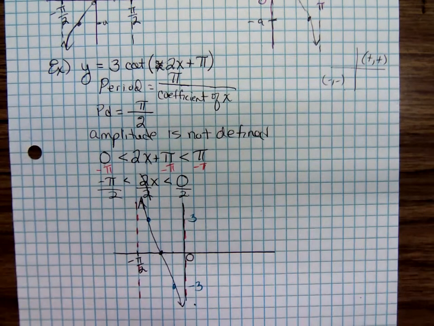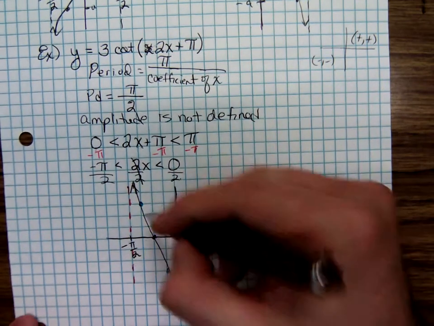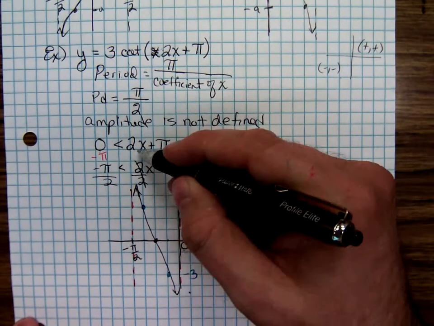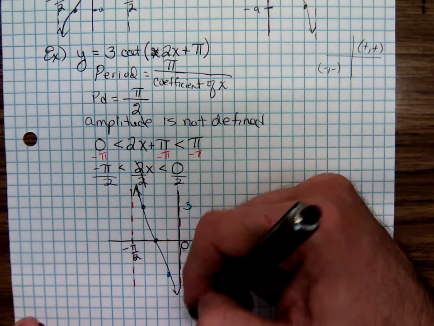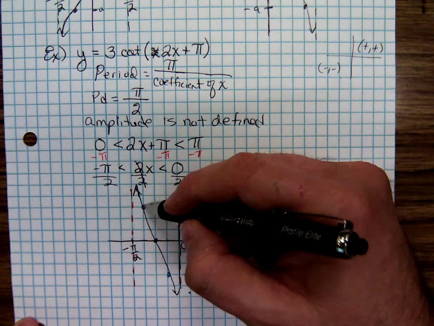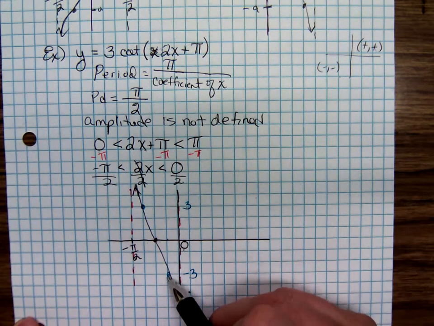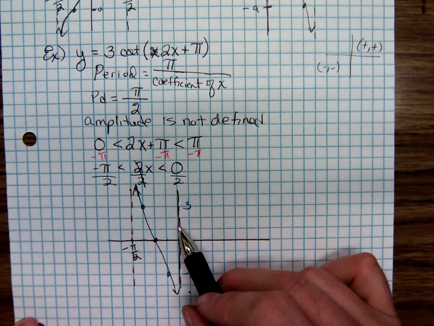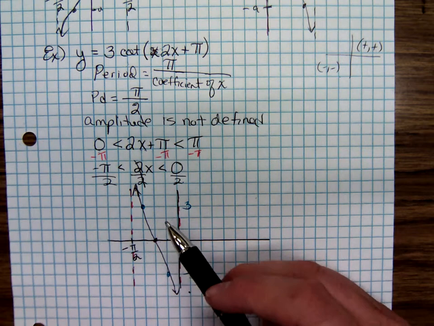So try to connect the dots. But generally, as soon as you know the asymptotes, you can usually just draw a little curve going downward from left to right. You don't have to be so precise with the 3 the way I'm doing it right here. Okay? Y'all sort of follow what I did there?